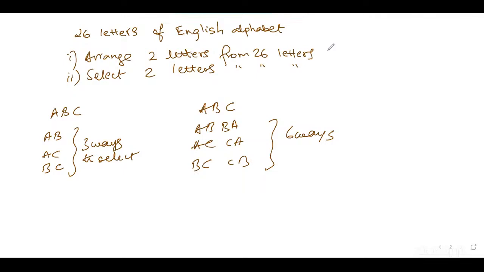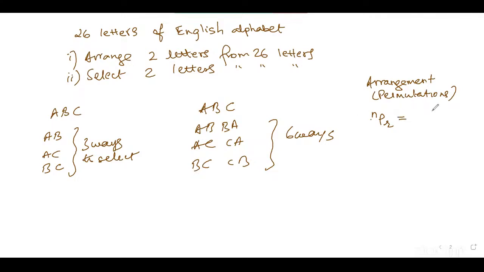So for the arrangement, you can call it permutation. How many permutations do you have? The formula is NPR, where N are the 26 letters and R are the number of arrangements you want to make out of the N letters given to you. So R arrangements from the N letters.